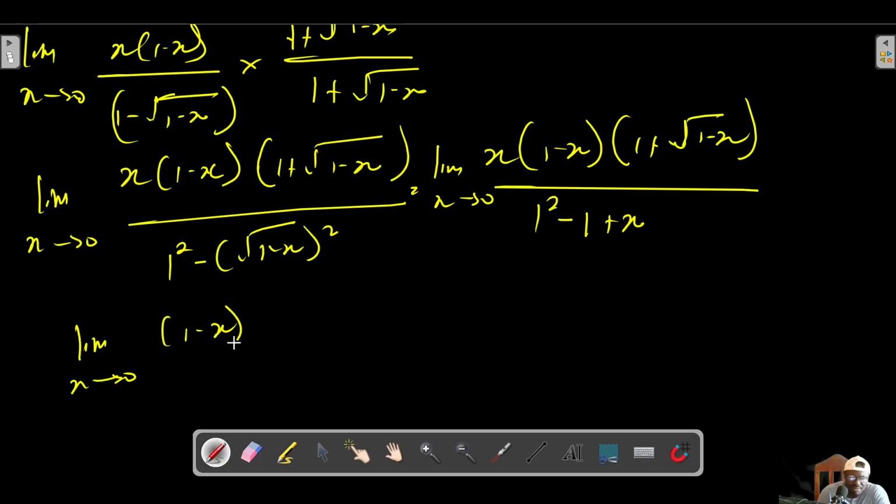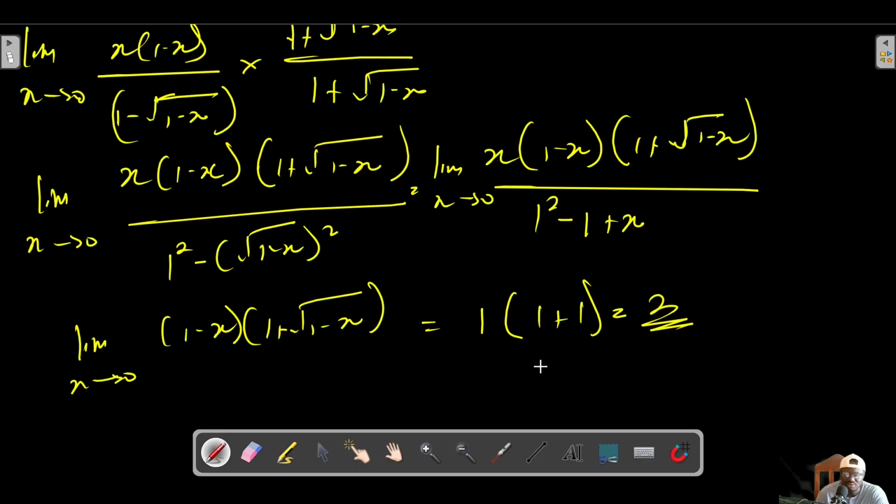We end up with 1 minus 0 multiply 1 plus root 1 minus 0. You realize when you substitute in 0 here, we end up with 1 multiplying 2. Actually, we didn't make a mistake. So our answer becomes 2. So our answer is 2.